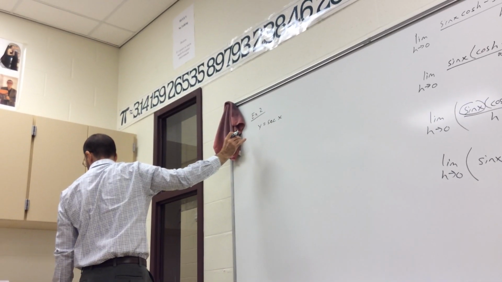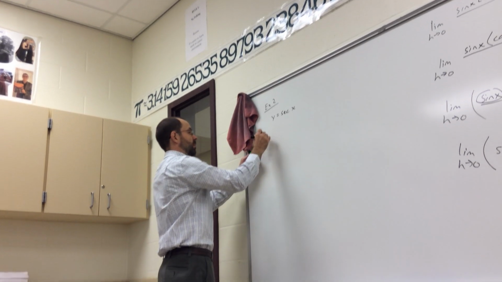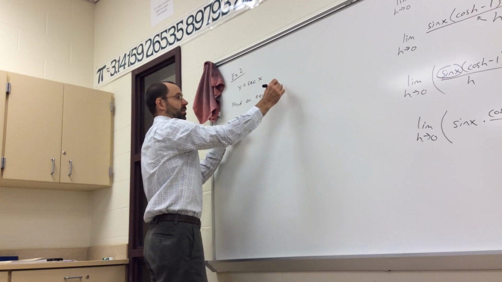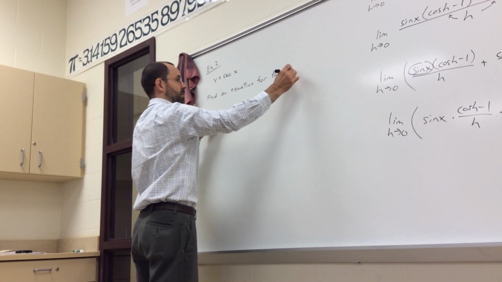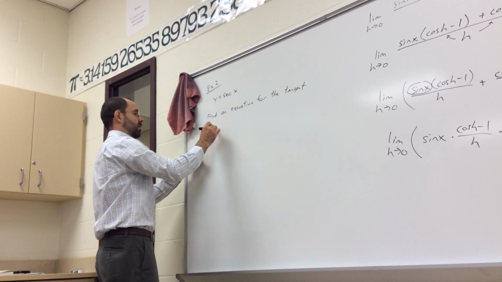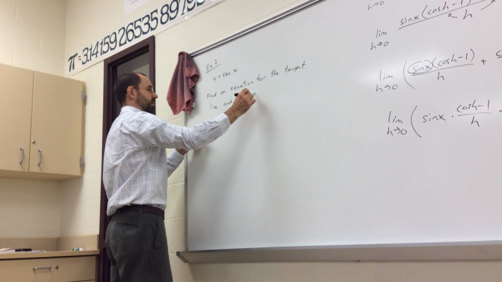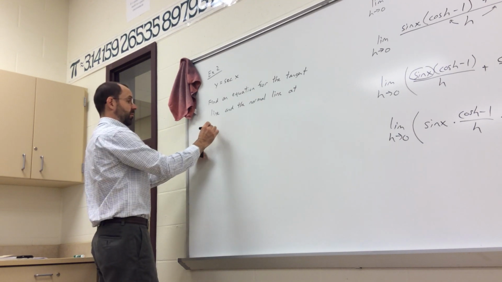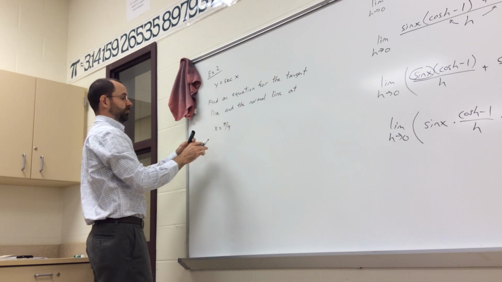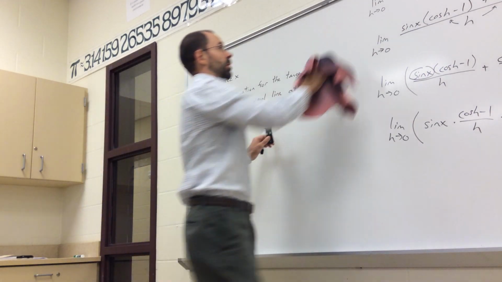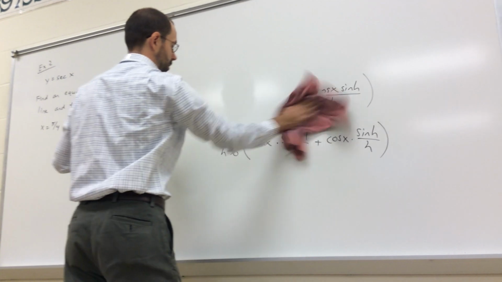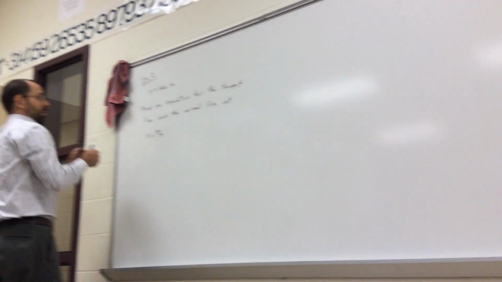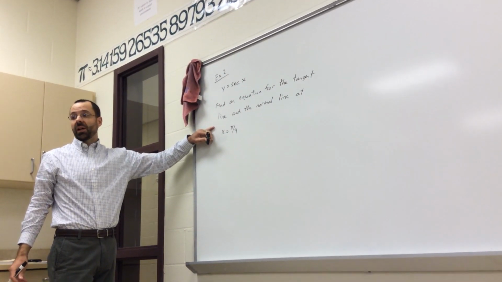And the question is, find an equation for the tangent line and the normal line at x equals pi over 4. So we're finding an equation for the tangent line and the normal line at x equals pi over 4.